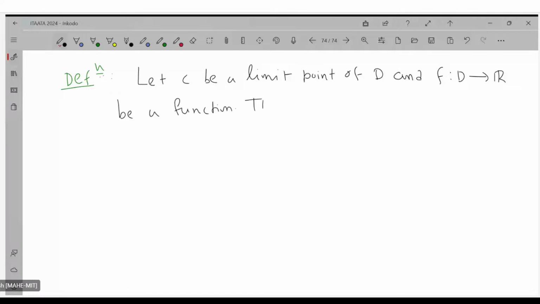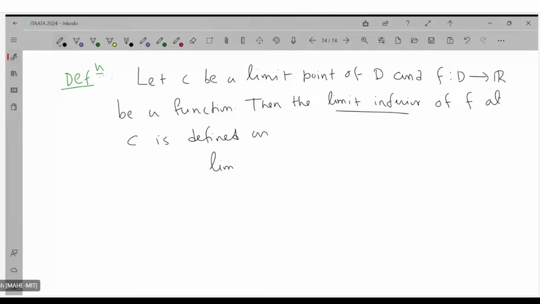Then the limit inferior of f at C is defined as, so we are using this notation, lim inf x tends to C f(x).